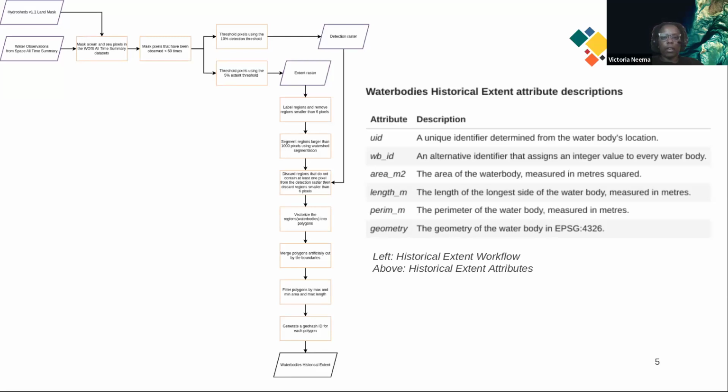So that's a good way of being able to get proximity of different water bodies to each other in the product. We also provide the area, which is measured in meters squared, the length of the water body, which is the longest side of the water body, the perimeter, and of course the geometry of the water body extent.